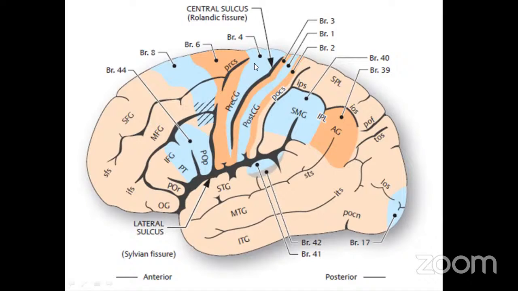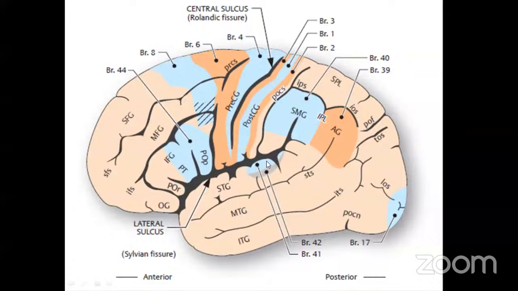We have got Brodmann area 4, that is the motor cortex. We have got Brodmann areas 3, 1, 2, that is the somatosensory cortex. And also we have got the famous supramarginal gyrus and the angular gyrus, which are areas 40 and 39. We have got the visual cortex in the superior and inferior lip of the calcarine sulcus, that is Brodmann area 17.